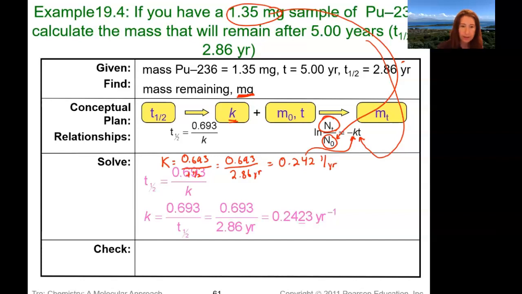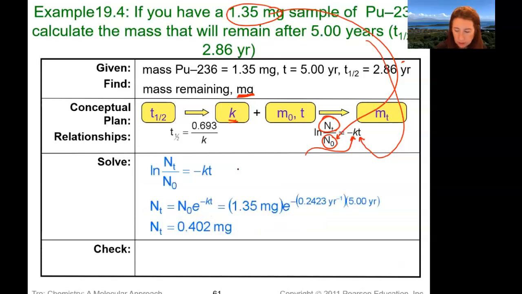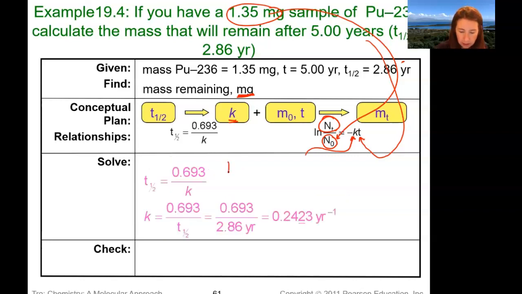Okay, so there's our half-life. That's pretty much the same thing I did to the T. So now we need to plug in all of these numbers. So we have our natural log. And remember, we want to know how much remains.